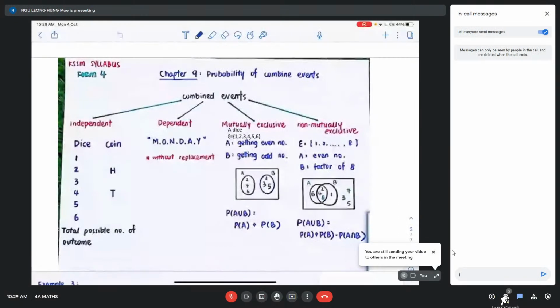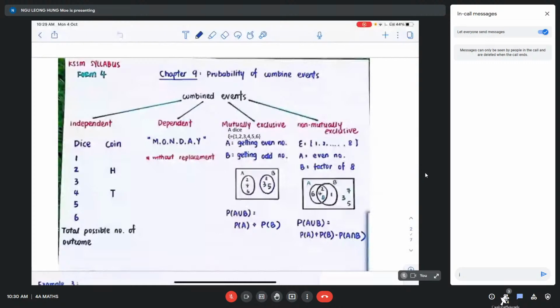Any problem? No problem. Also, today we will start to learn about the mutually exclusive. What is that actually?